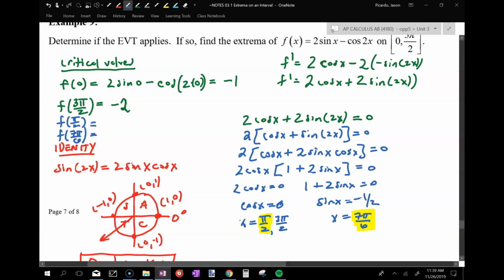You're going to get 3, and you're going to get negative 3/2. And so which one of these is the highest one? Bang, there's my max. And where's my min? There's my min. Absolute min, absolute max.